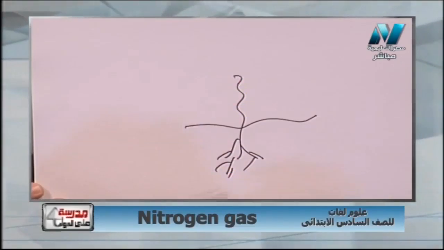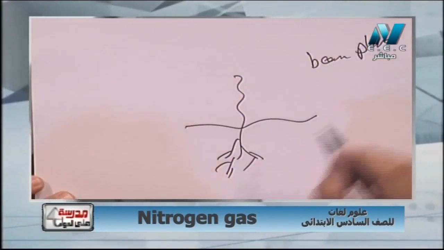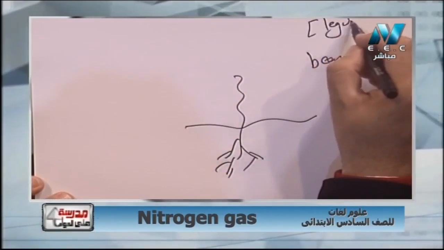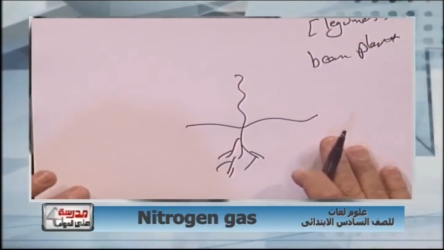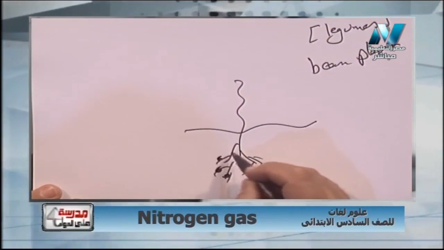Imagine that I have a legumes plant, for example a bean plant. The bean plant is considered part of the group called legumes. In the roots of legumes we find something called nodular bacteria.